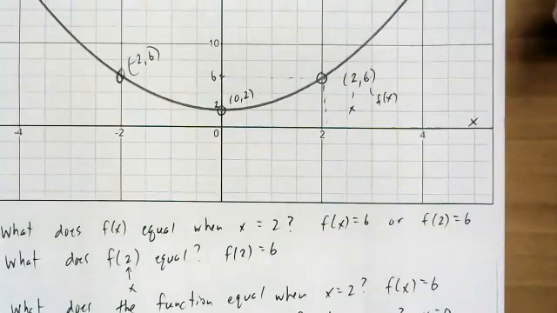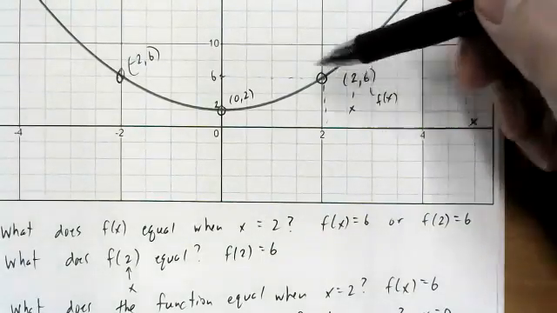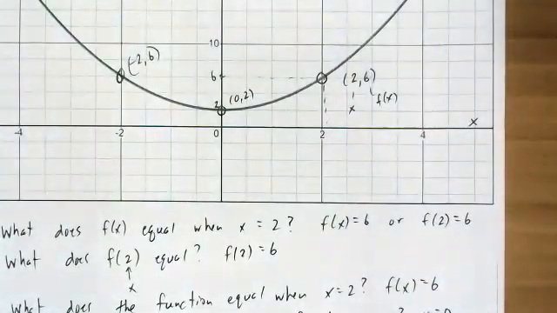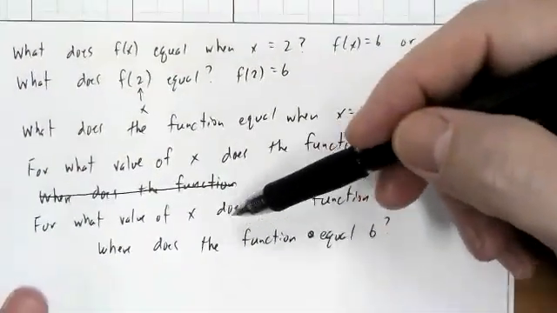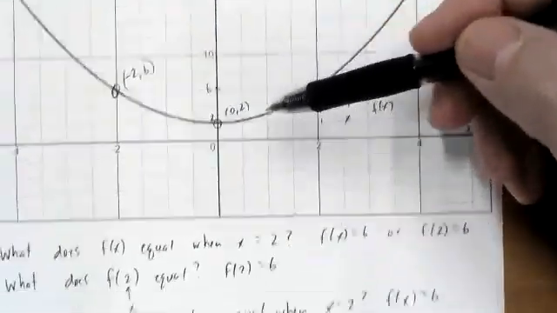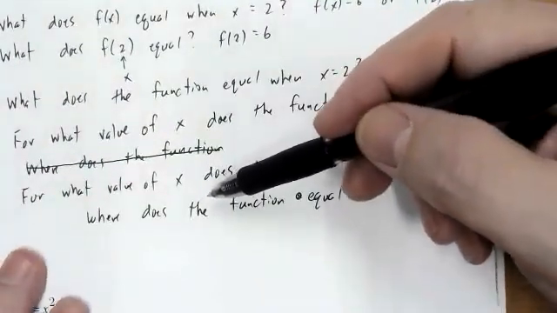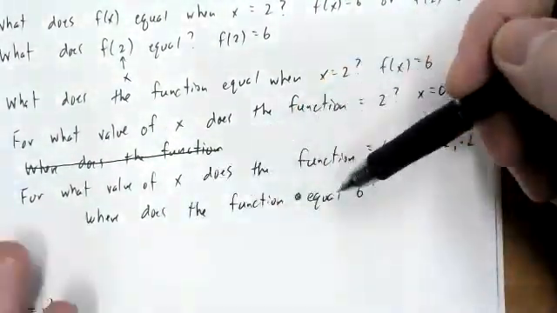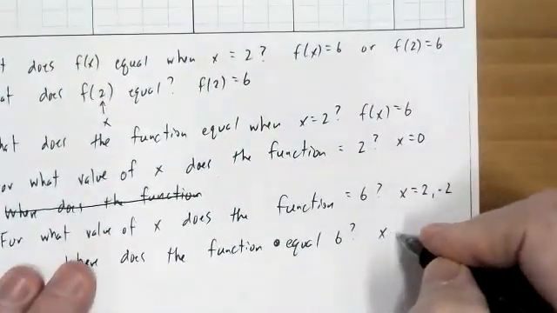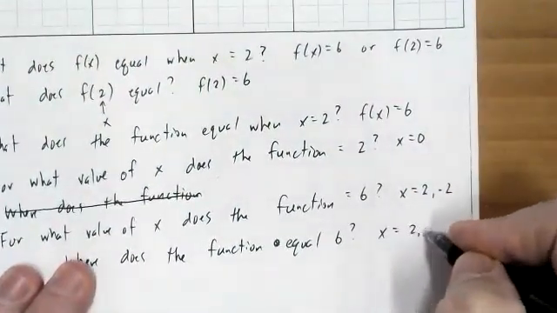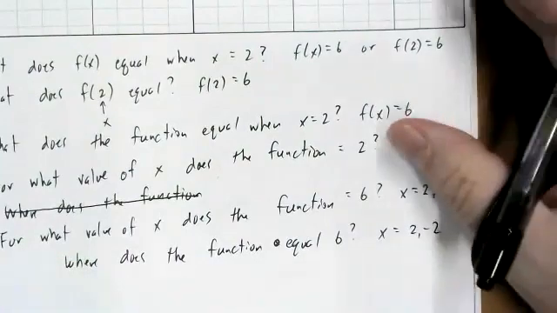So when they say the where, it's sort of obvious they're asking for the values of x. In other words, they don't want to have to keep saying every time you look at a graph of a function, what's the value of x? What's the value of x? They just say, where does the function equal 6? And you just know what they're really asking you for are the values of x.